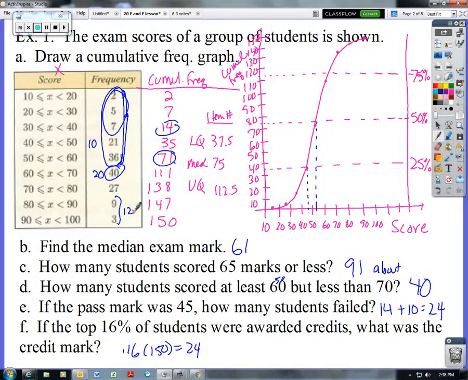And then if you go down another 12, you're going to be somewhere about halfway in this category here. So about halfway in here would be about 75. So the high credit mark would have been a score of around 75. That concludes section E.